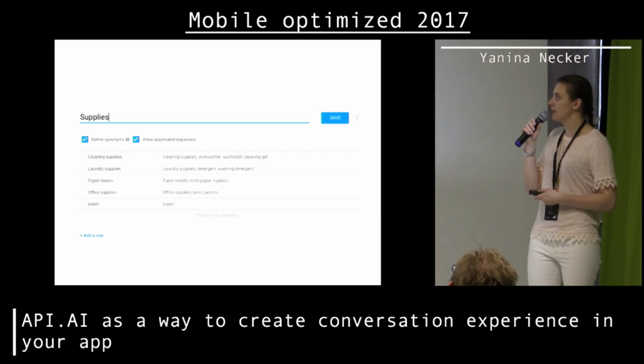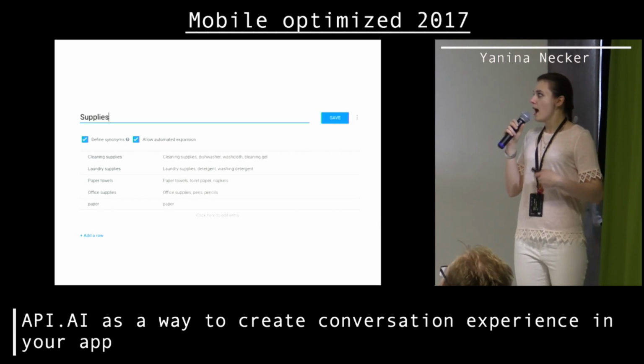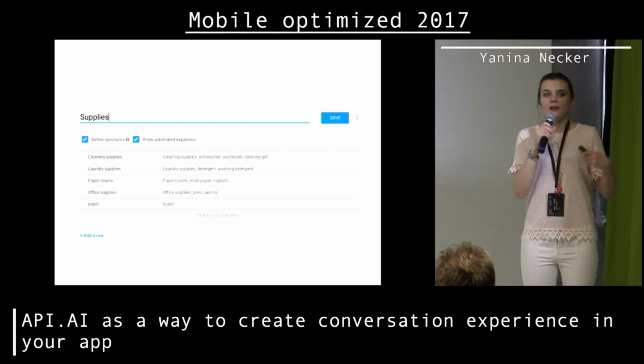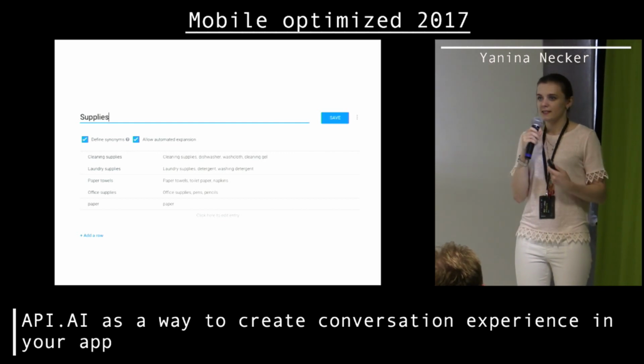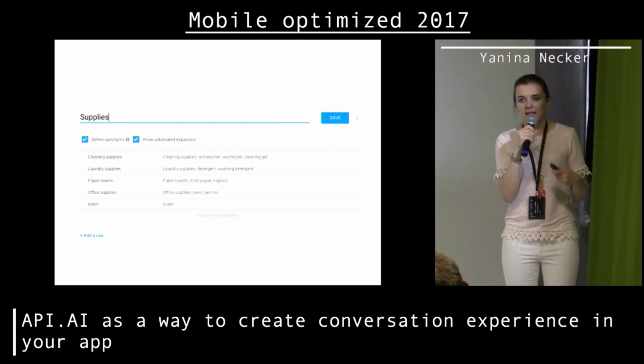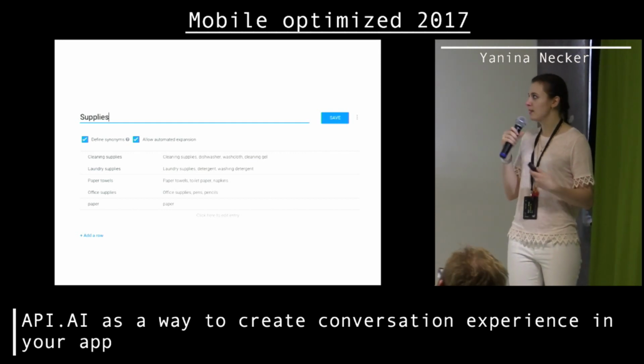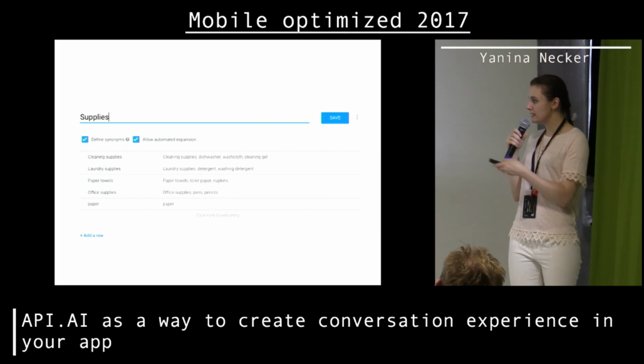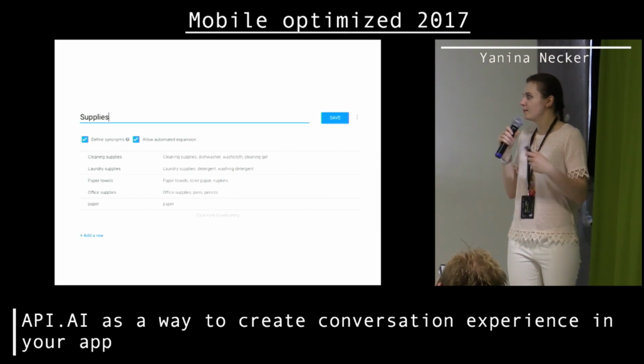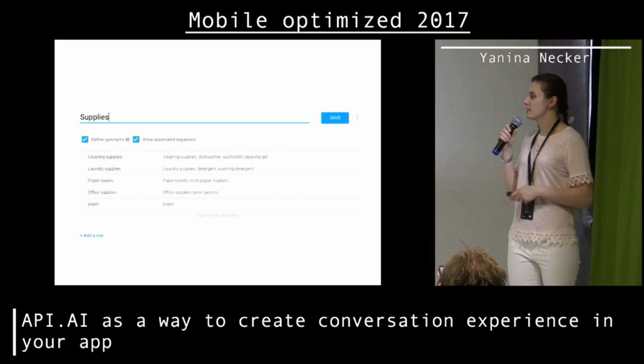So here I'm creating an entity called supplies. I'm going to define different versions of supplies. In other words, what types of supplies can there be? So my entity supplies can be represented by cleaning supplies, laundry supplies, paper towels, office supplies, paper, I don't know why, whatever.